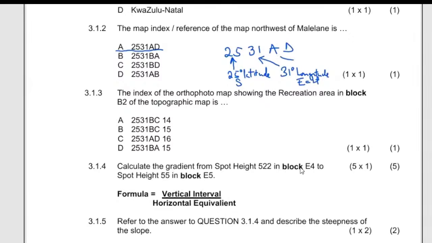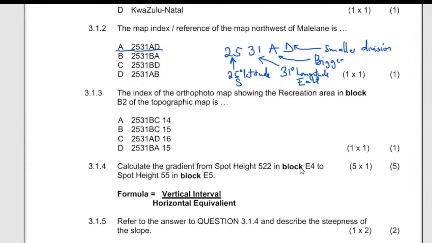Then we do what we call subdivision of the blocks. The main block is subdivided into 4 bigger blocks. Then the bigger block is again subdivided into smaller block subdivisions. That is where we get these letters. So the first letter represents the bigger block subdivision, the first subdivision of our grid reference block.